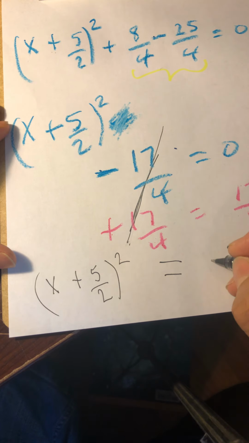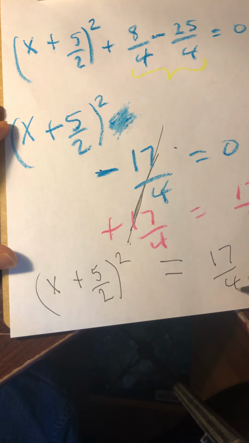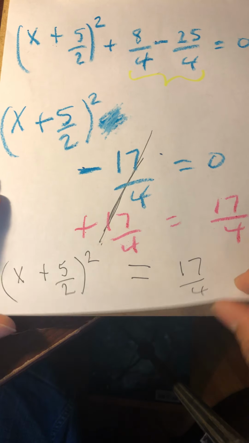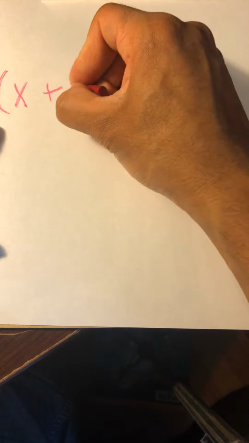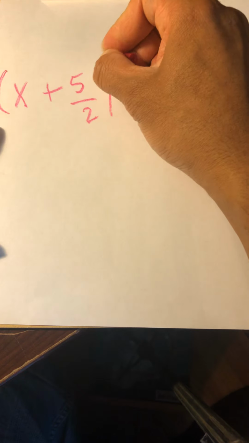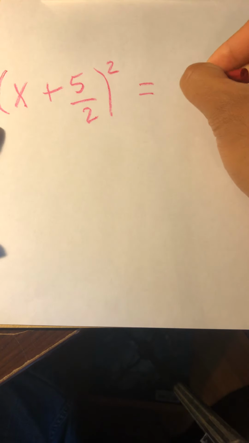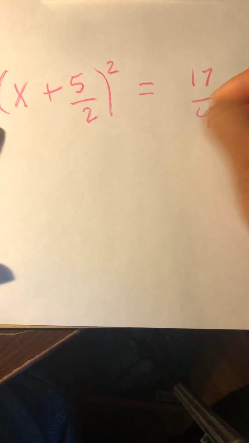And now what I have on the right is still 17 over 4. So now I'm just going to simplify that. On the left I have (x + 5/2)², and on the right, I have 17 over 4.